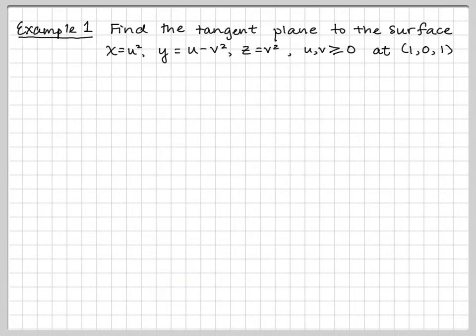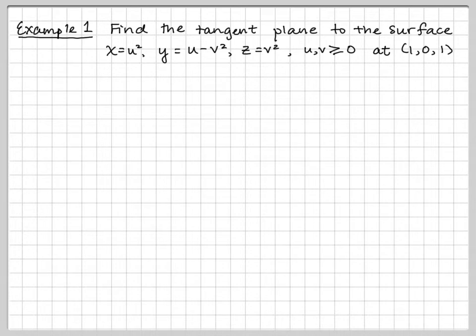So let's look at a few examples. In our first example, we want to find the tangent plane to the surface. Our parametrized surface is x equals u squared, y equals u minus v squared, and z equals v squared, where u and v are greater than or equal to 0. And we want to find the tangent plane at the point (1, 0, 1).